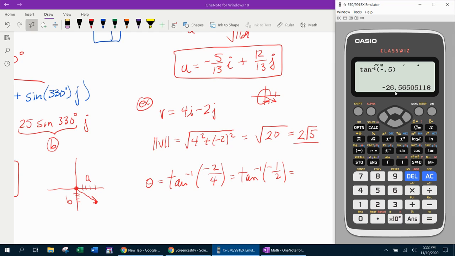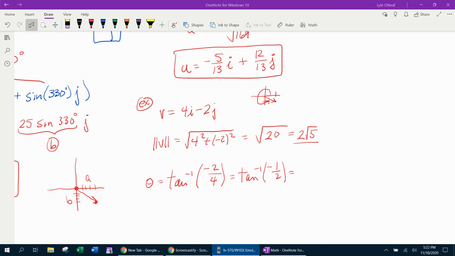Equals. Notice that gives me negative 26 point and some change. So let's assume that they want us to round to the nearest tenth, which would be negative 26.6 degrees. And that is definitely a quadrant 4 angle because negative angles go clockwise and 26.6 is acute.